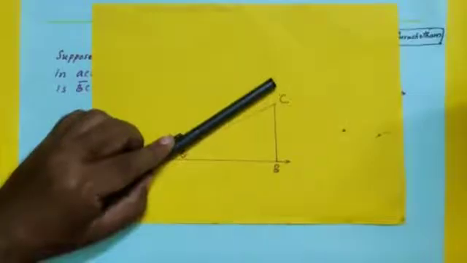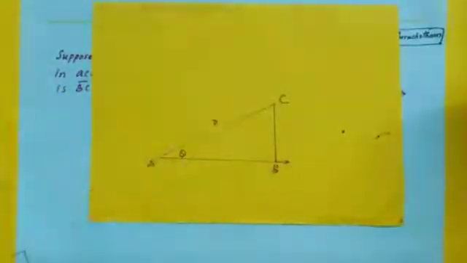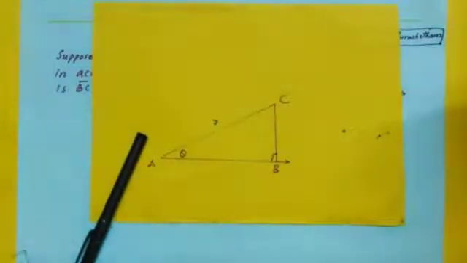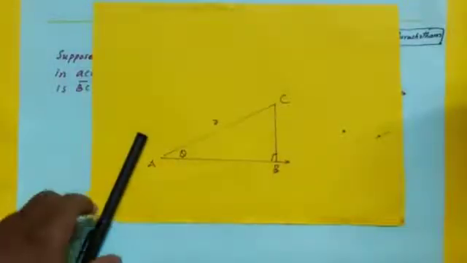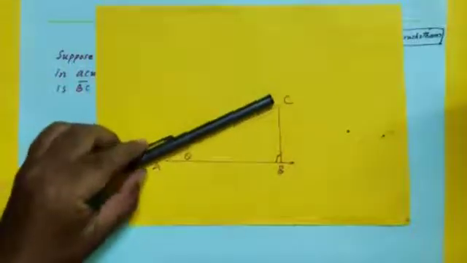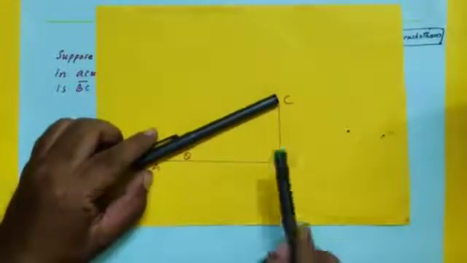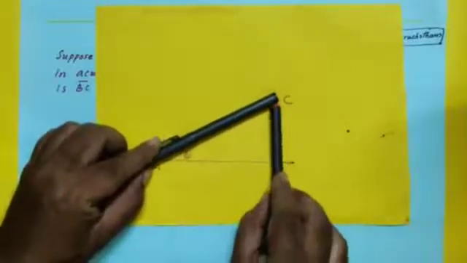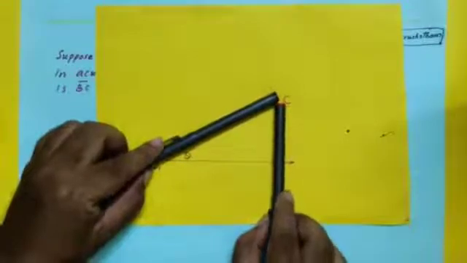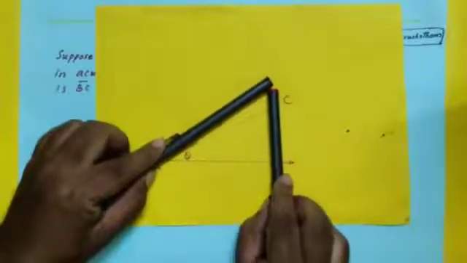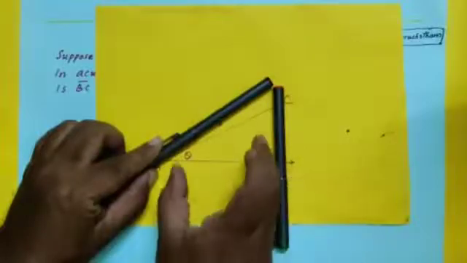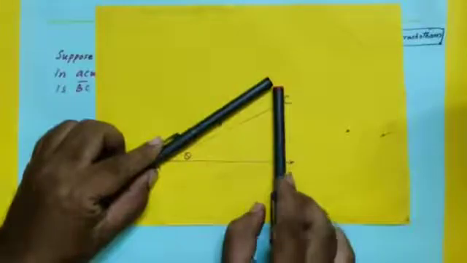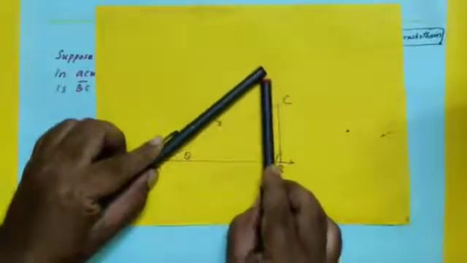Once again, see this, Nana. Here is triangle ABC, here is the 90 degrees. This is the AC length, I am keeping the pen here on AC. This is BC. When this theta increases, see here what happened, the C point also increases, meaning the distance increases when it moves like this.